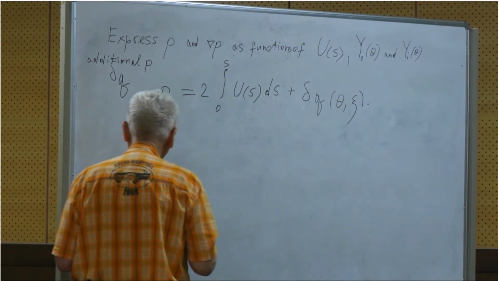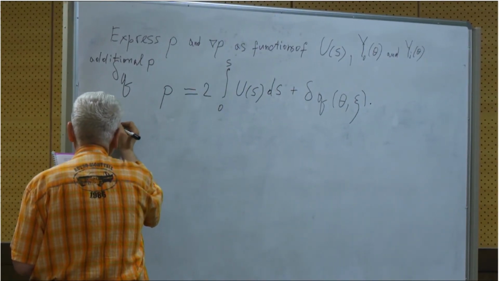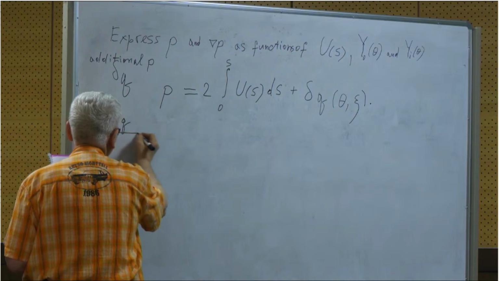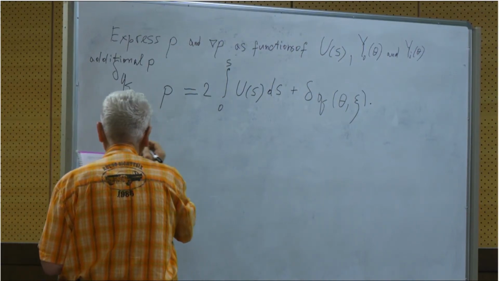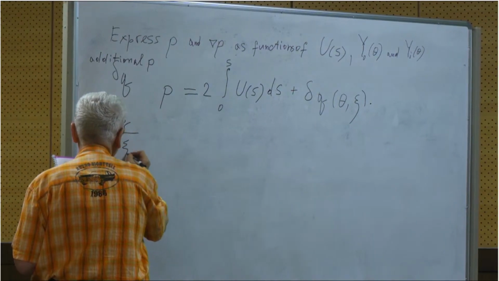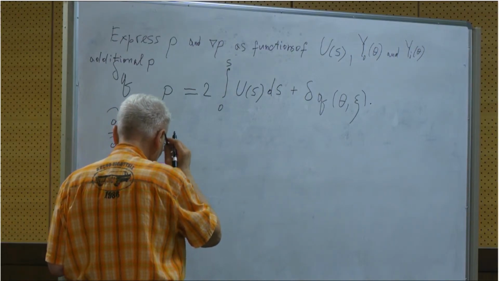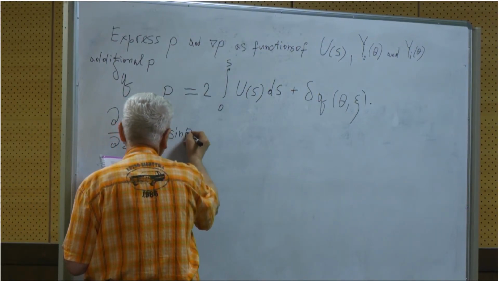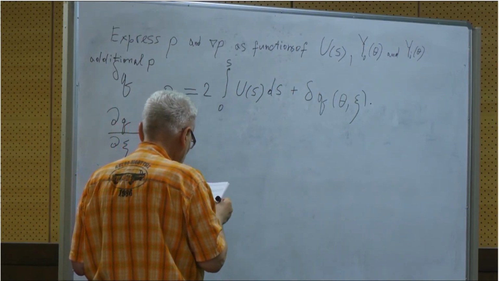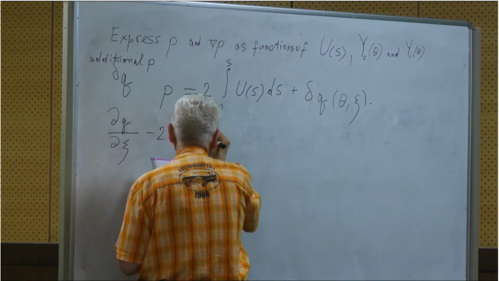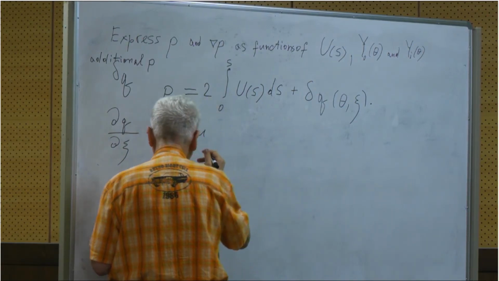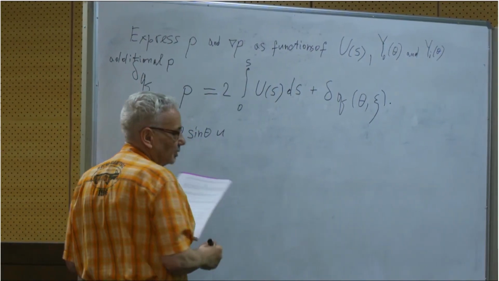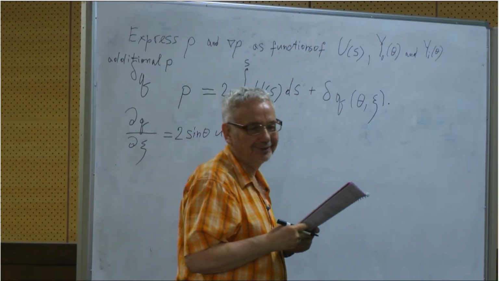So eventually we have this equation for this addition to the pressure, which is Q: dQ by dxi minus 2 sine theta u. Actually, maybe I will write it short like that. It will be the same.